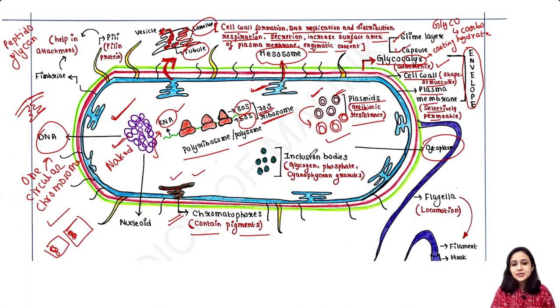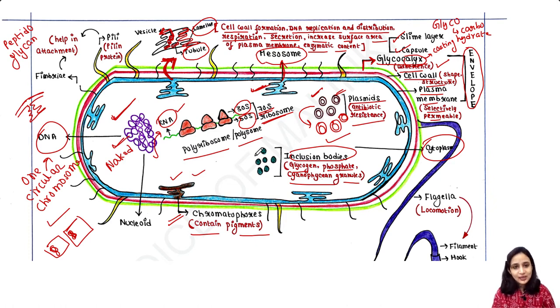Next, you will get some inclusion bodies. Inclusion bodies are present in the bacterial cytoplasm. These inclusion bodies are glycogen, phosphate, and cyanophycean granules. So bacteria store food in the form of inclusion bodies.